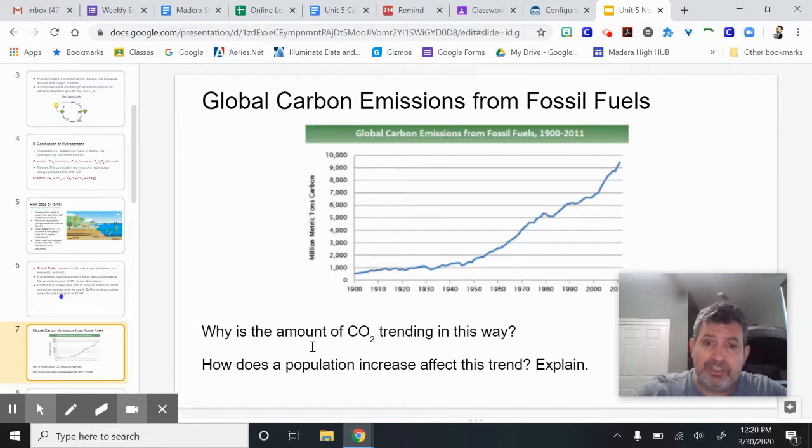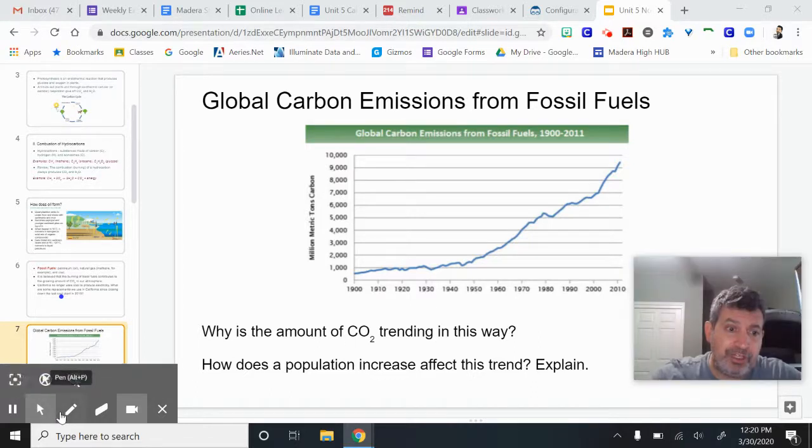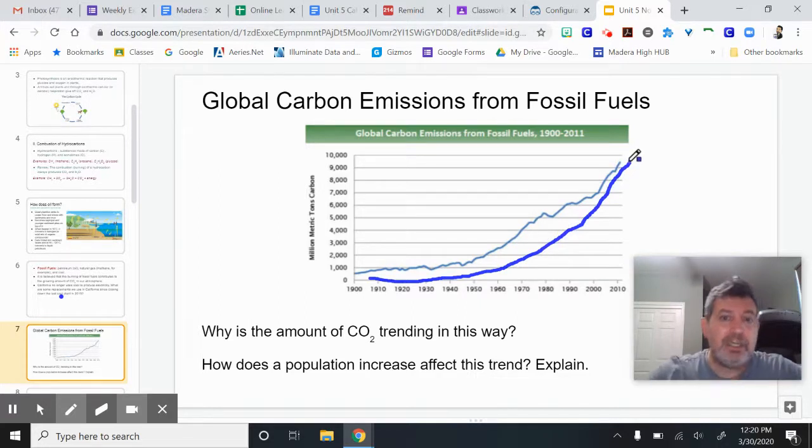With that, we still have an issue with the CO2 levels in the atmosphere. You can see in this graph that it's trending upwards, but it's not just trending upwards. It's trending upwards in an exponential way. That meaning the curve is getting steeper as we get into 2020. Why is it trending that way?